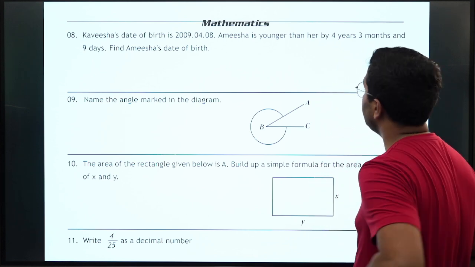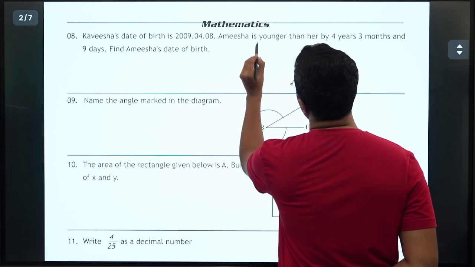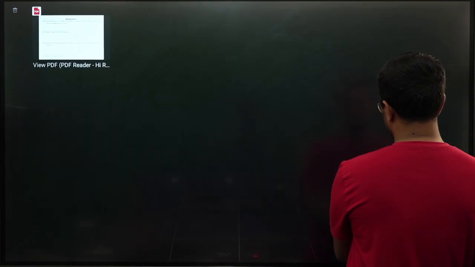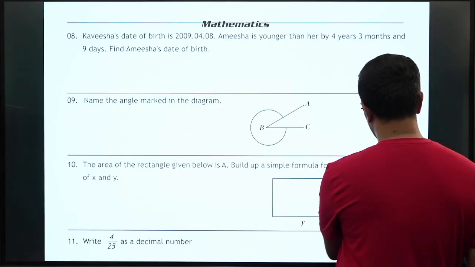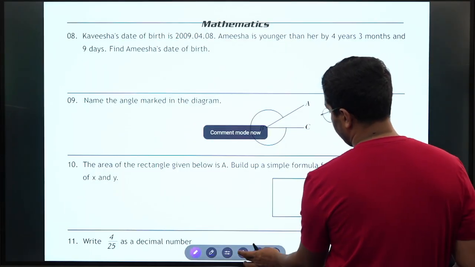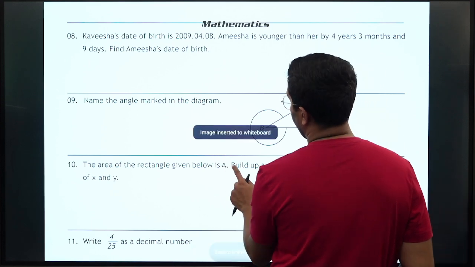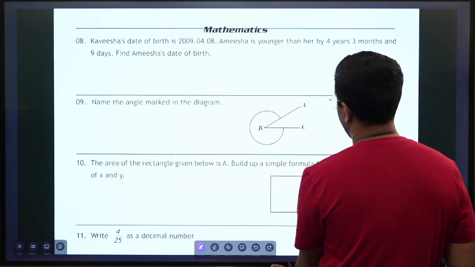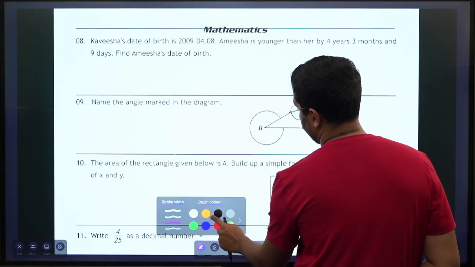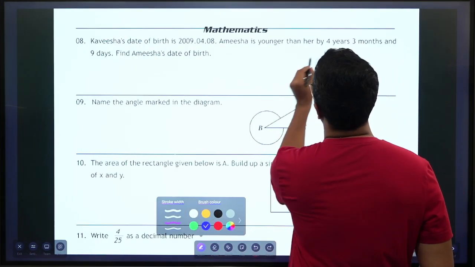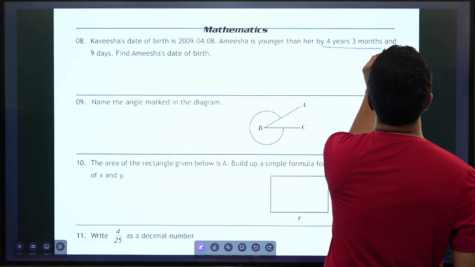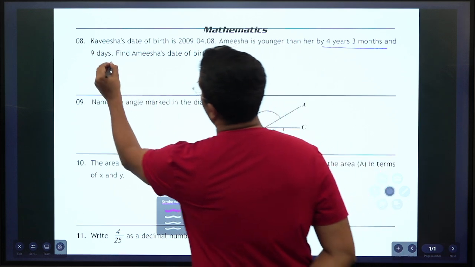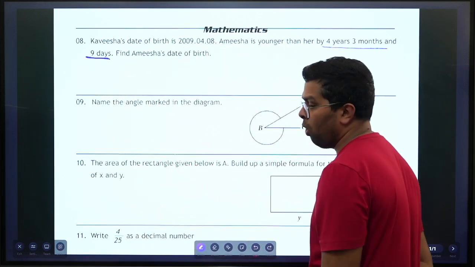Amisha is younger than her by 4 years, 3 months and 9 days.